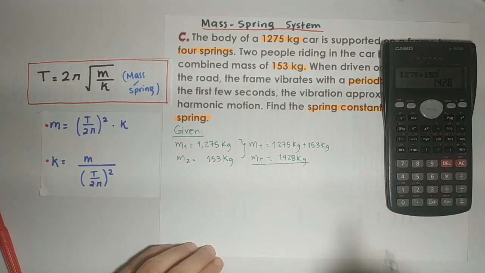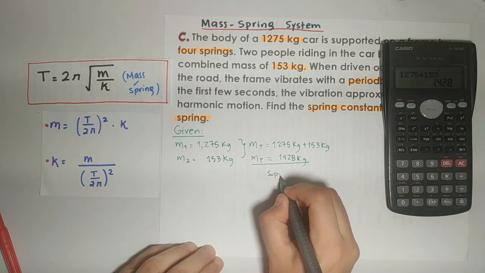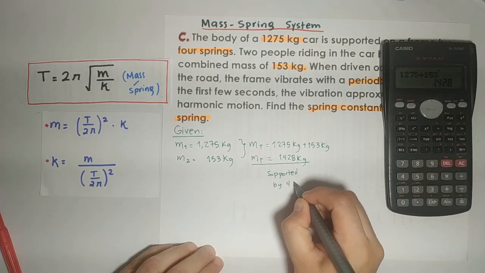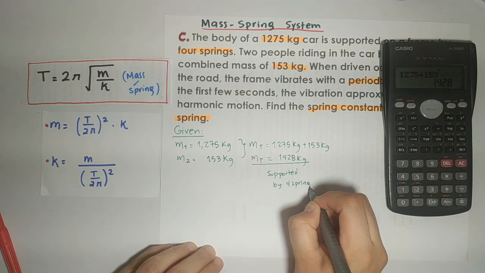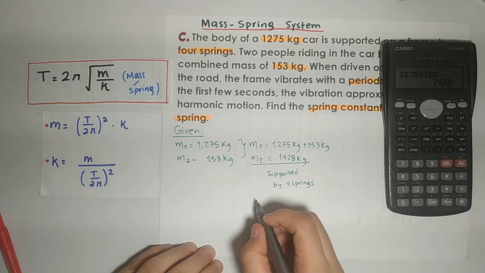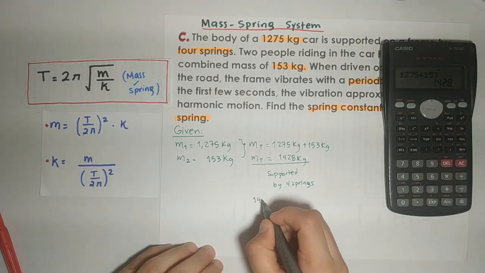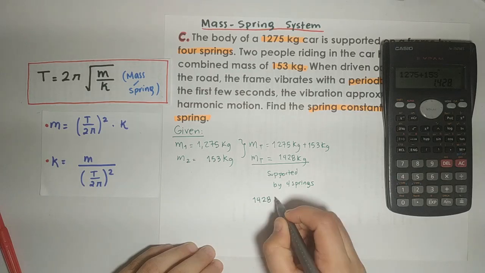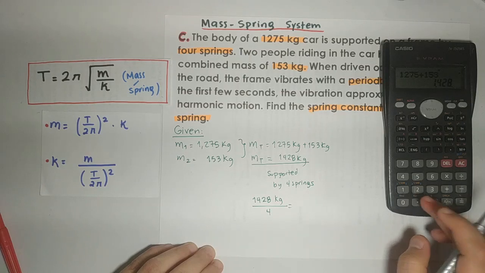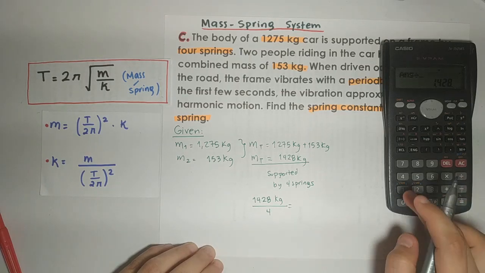And remember, all this mass is supported by 4 springs. So I want to know how much mass one spring is going to support. So what I do is I divide all the masses that I have by 4, because we have 4 springs.